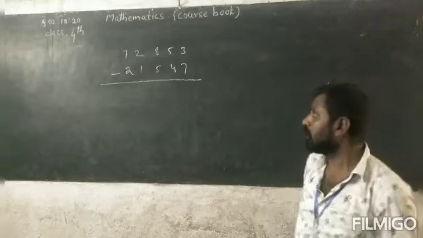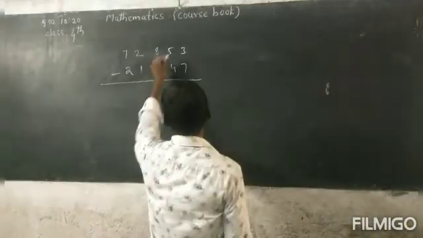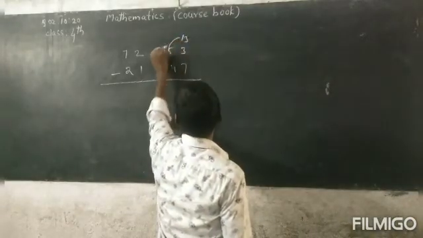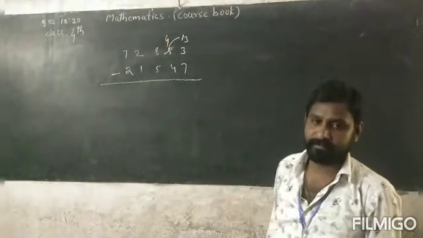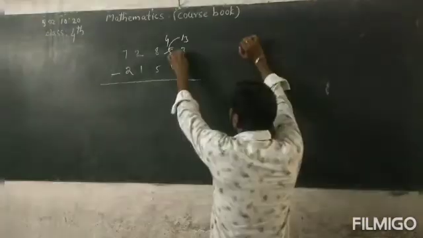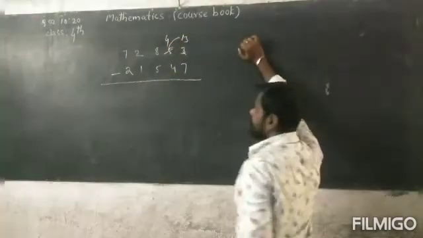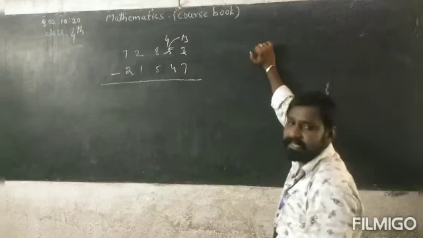Not possible. Now we have to take borrowing from 5, it can give 10, 10 plus 3, 13, and 5 becomes 4. See here, 13 minus 7. What do we get? 6.